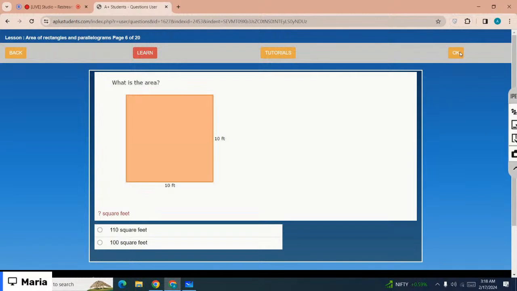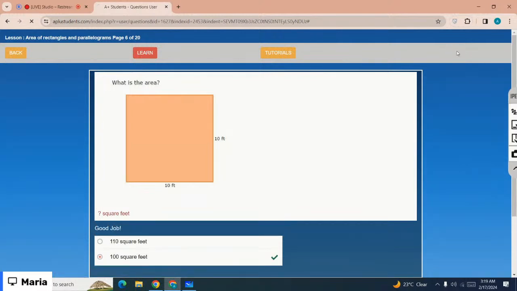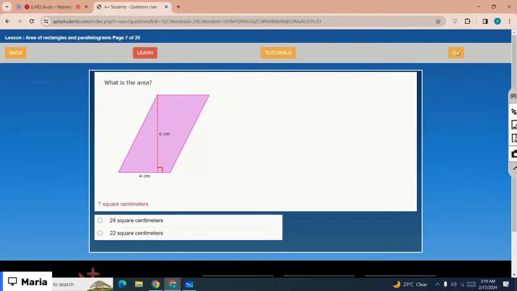You are given 10 feet and 10 feet, so the correct option is 100 square feet. Yes, that is 100 square feet. Okay, the next one is, what is the area, which is the correct option?